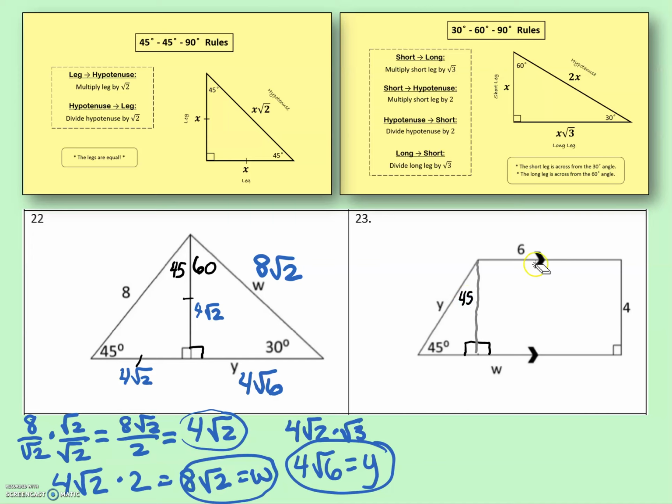We also know that if this is a rectangle, this is 6, this piece is 6, this piece is 4, this piece is 4. So in a 45, 45, 90 triangle, these legs are congruent, so we can label that with a 4. And to get from leg to hypotenuse in a 45, 45, 90, we just multiply by root 2. So y becomes 4 root 2. So y equals 4 root 2.